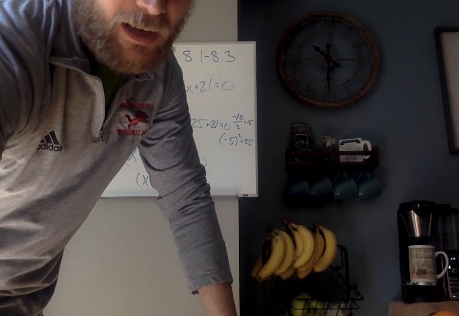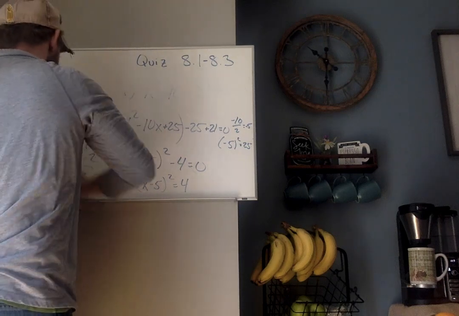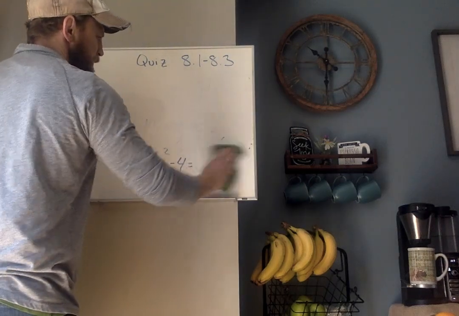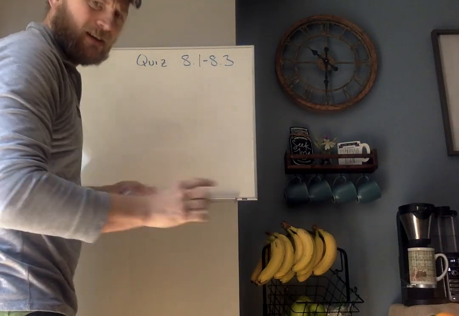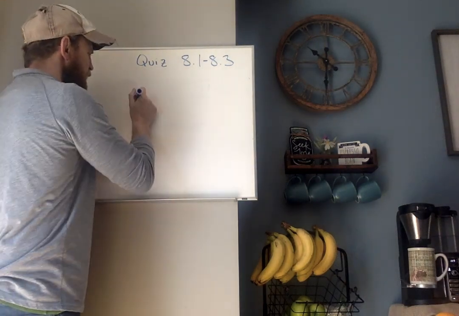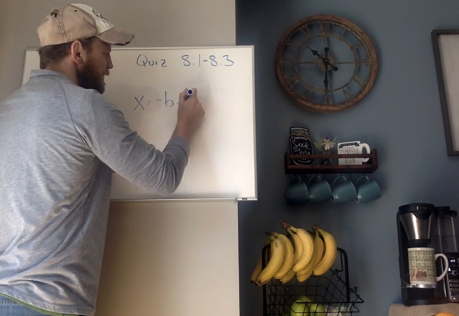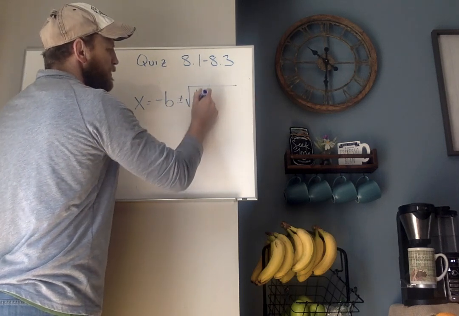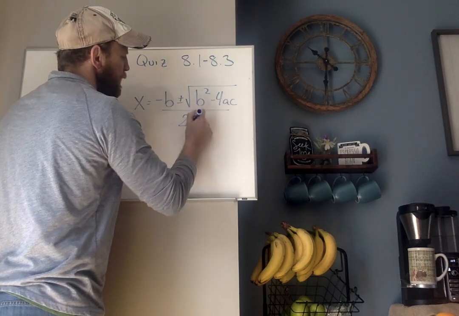All right, write the quadratic formula. I'll put that up here. And then I'm not going to go over how to do those. That's just calculator work. So the quadratic formula is x equals negative b plus or minus the square root of b squared minus 4ac all over 2a.